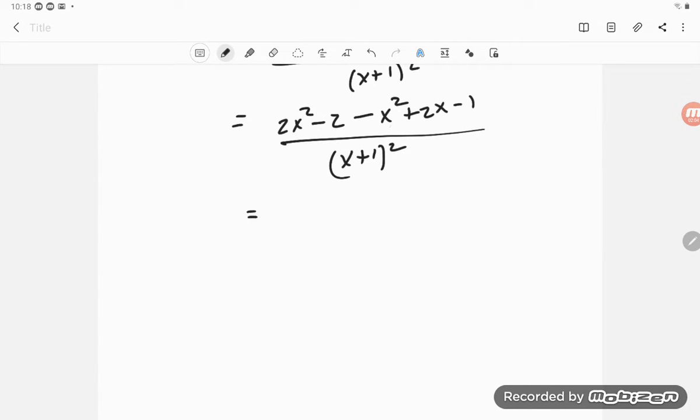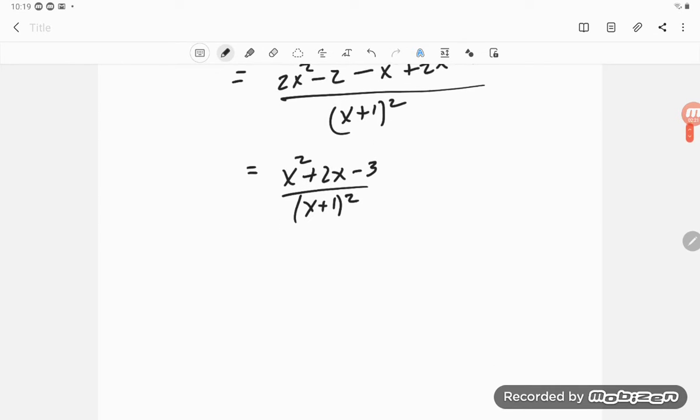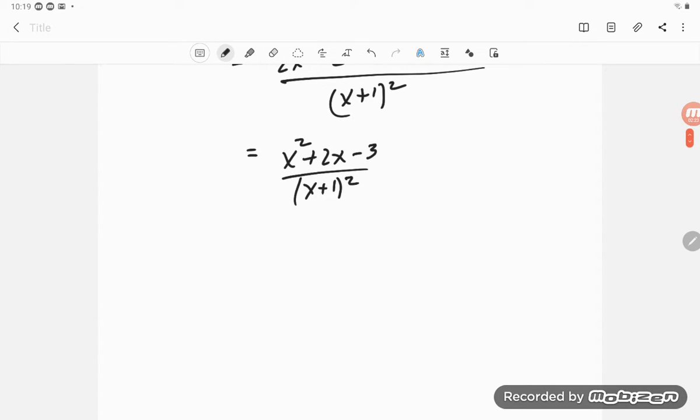So let's see, I've got a 2x squared minus an x squared, so I get x squared plus 2x, and it looks like minus 3 over (x plus 1) squared. So now, as I look for critical points, one or 2 critical points will be from the numerator being 0.